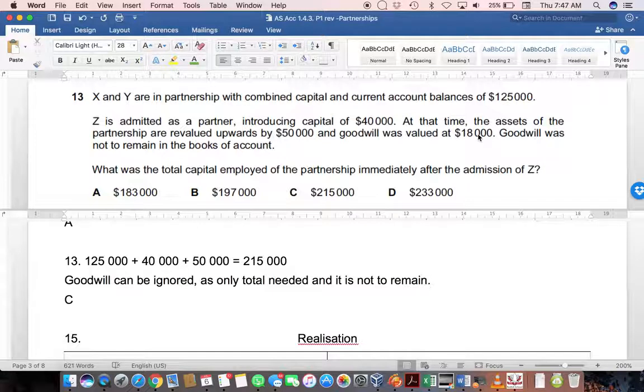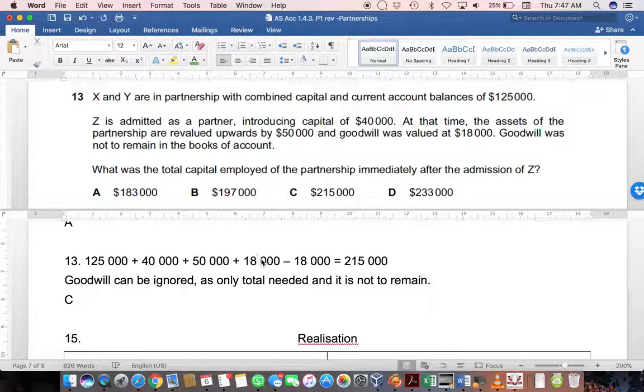We would then add 18,000 goodwill, but we would also need to subtract 18,000 goodwill. So if you wanted to, you could actually show over here a plus 18,000 minus 18,000 for goodwill, but you can see it cancels itself out.